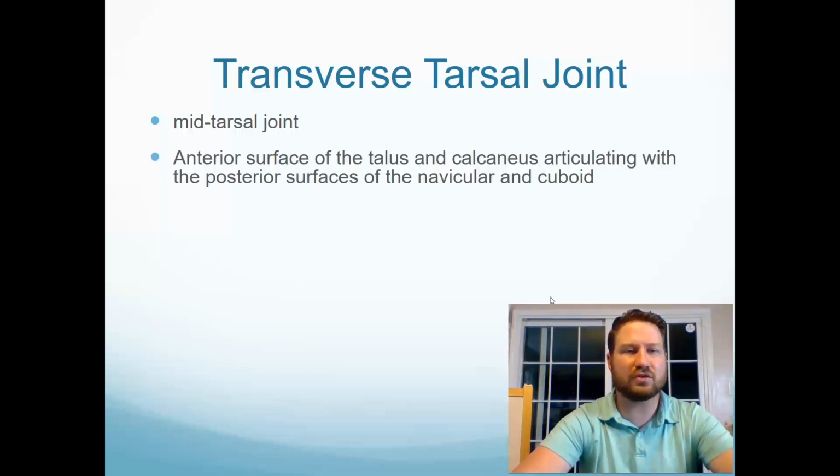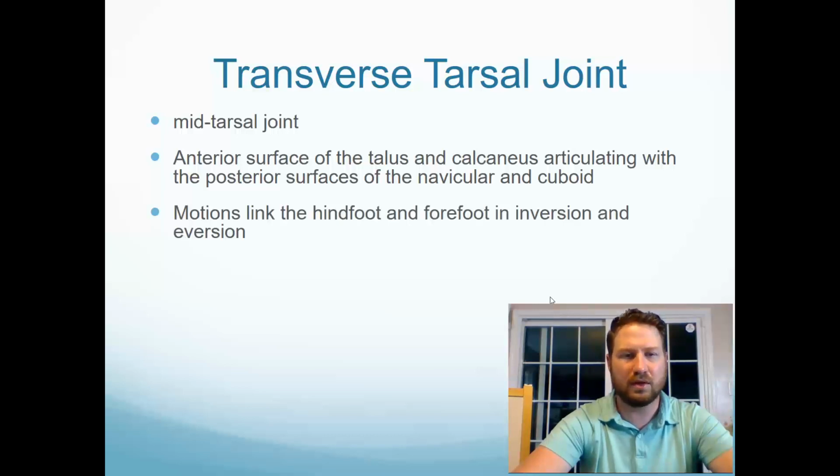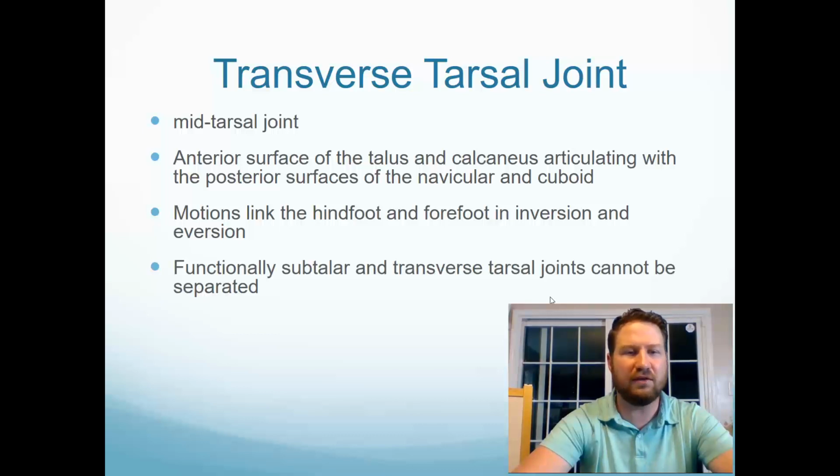Our transverse tarsal joint, our mid-tarsal joint, is the anterior surface of the talus and calcaneus that articulates with the posterior surfaces of the navicular and cuboid. And motions link the hindfoot and the forefoot in inversion and eversion. Functionally, the subtalar and transverse tarsal joints cannot be separated, so they kind of function as one joint.